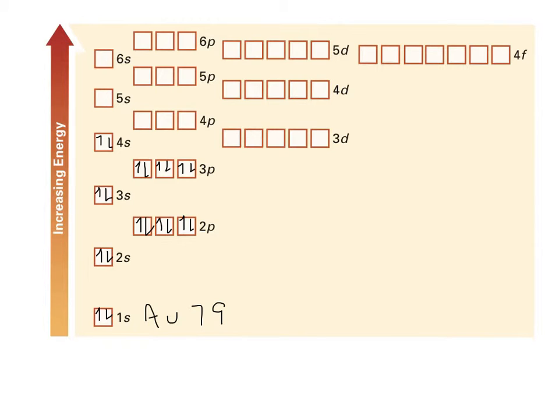So in this case, they start to fill things out of order. Once we get past 20, out to the 20th electron, we start to get things a little bit out of order here. Okay? And so it's going to fill the 4s first, then it's going to go on and do the d's. So what are we at?